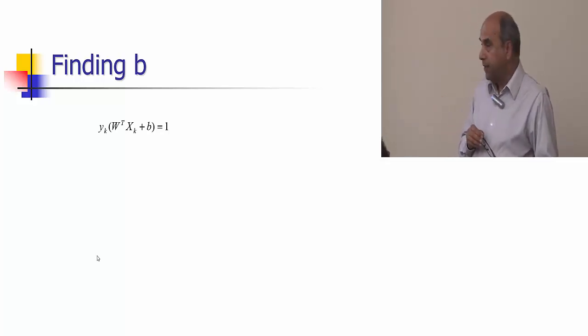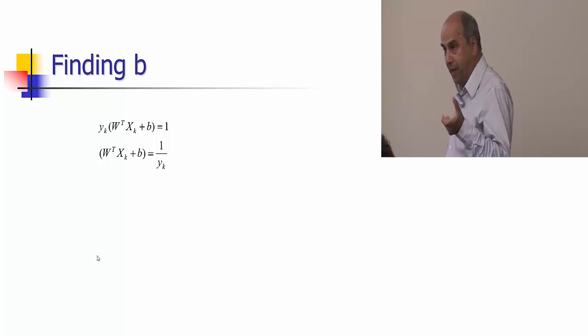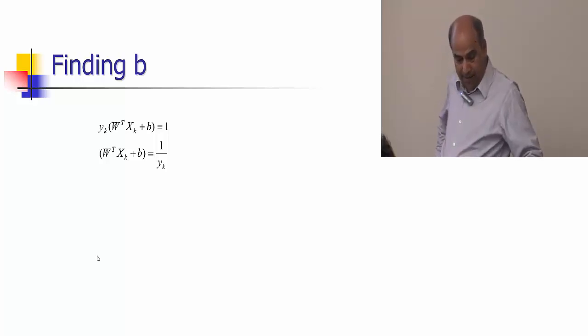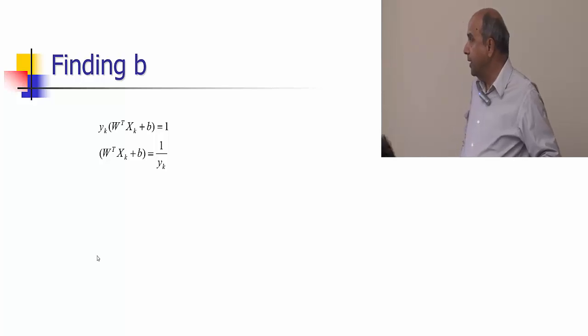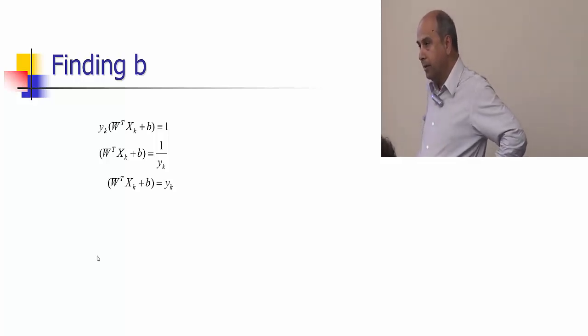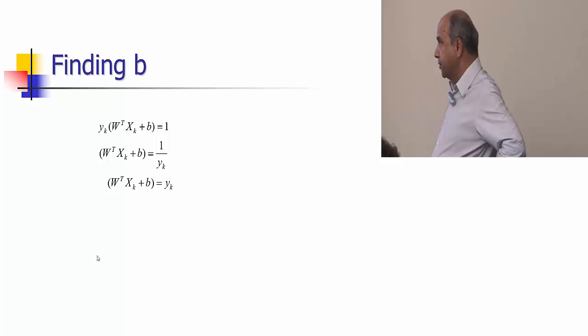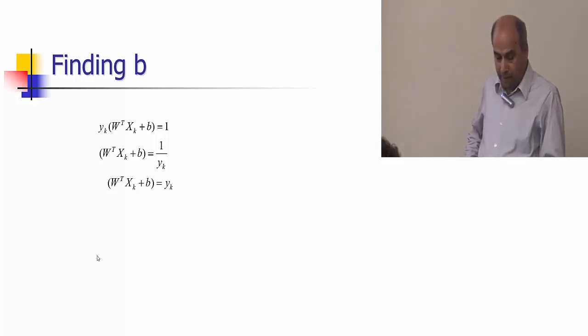So we can rearrange this, bring yk to the other side, so 1 upon yk, because yk is a scalar, we can do that. And since yk is either +1 or -1, 1 upon 1 or 1 upon -1 is the same thing as yk, so we can do that.